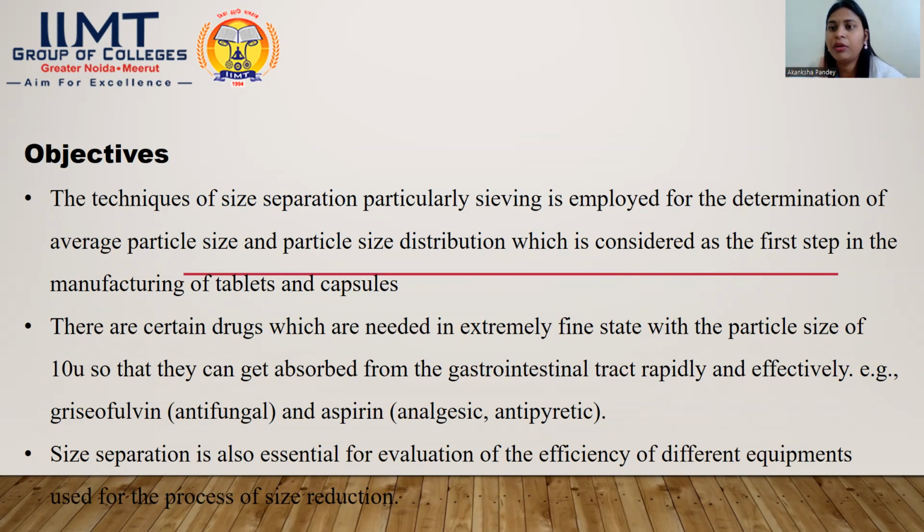If we take any example of coarse or fine, the fine particle will obviously absorb rapidly, and everyone wants the action to be rapid and the best. Size separation is also essential for the evaluation of the efficacy of different equipment used for the process of reduction.